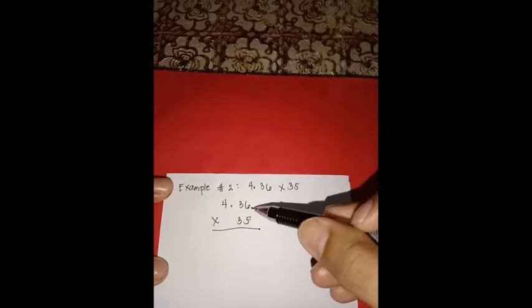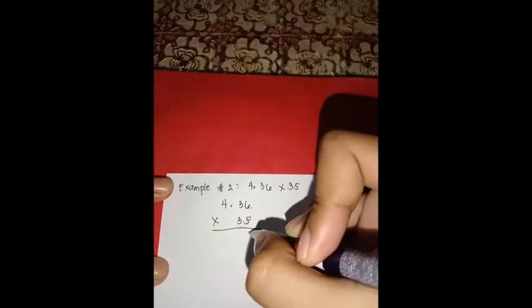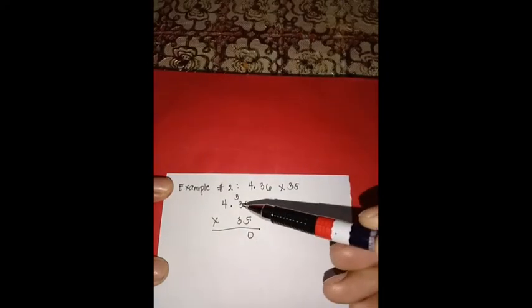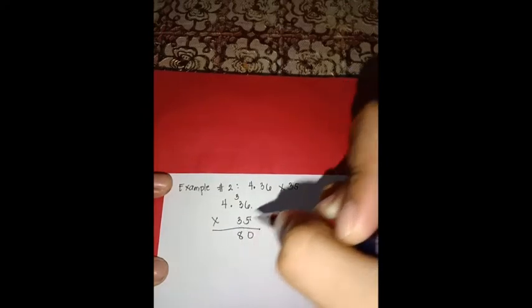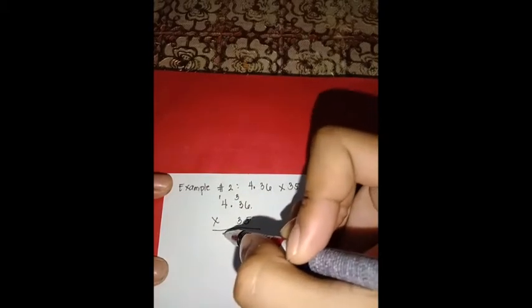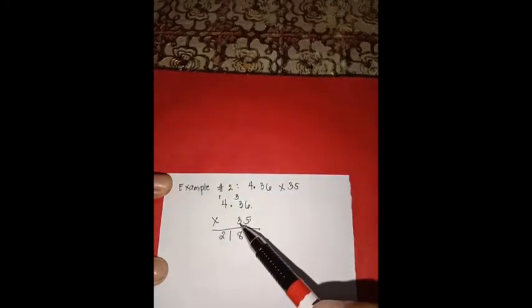So, 5 times 6 is equals to 30. Carry 3. 5 times 3 is equals to 15. Plus 3, we have 18. Carry 1. 5 times 4 is equals to 20 plus 1 is equals to 21. Next, 3 times 6 is equals to 18.